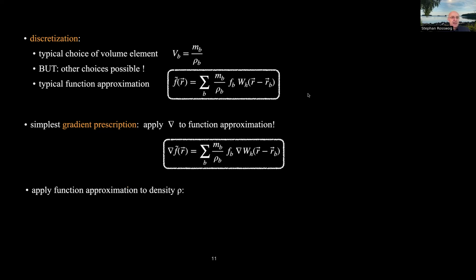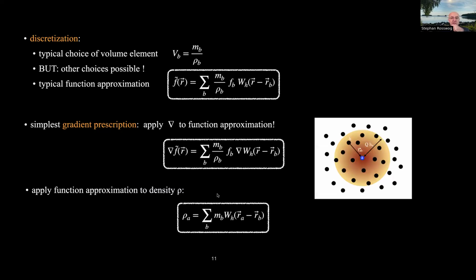Now you can say, well, so far we haven't said how we get any of these densities, but you could now just try to use this typical function approximation for the density itself. If you do this, you see that the density here drops out, and what you find is this formula here.